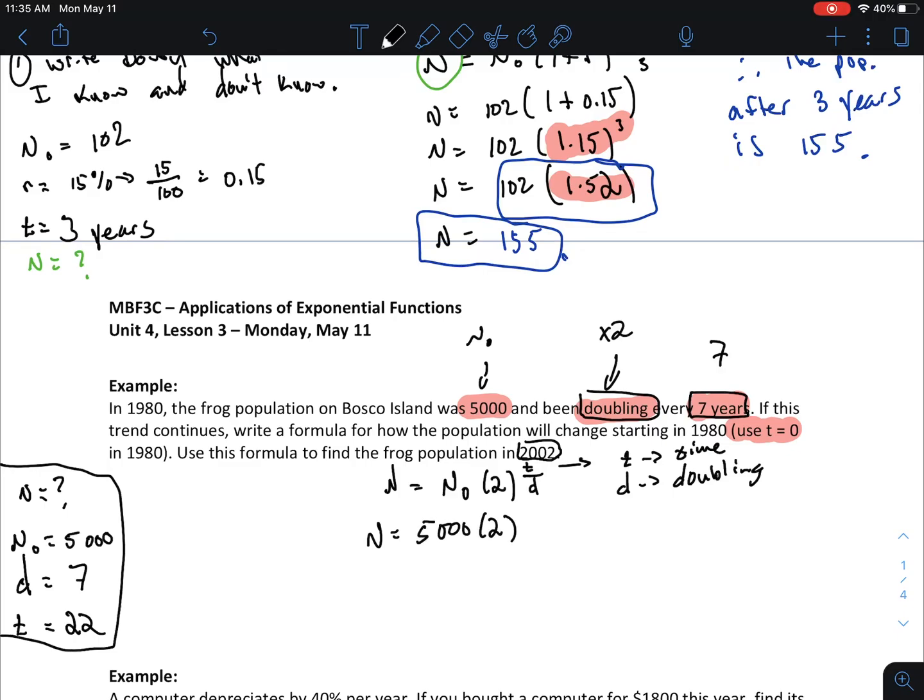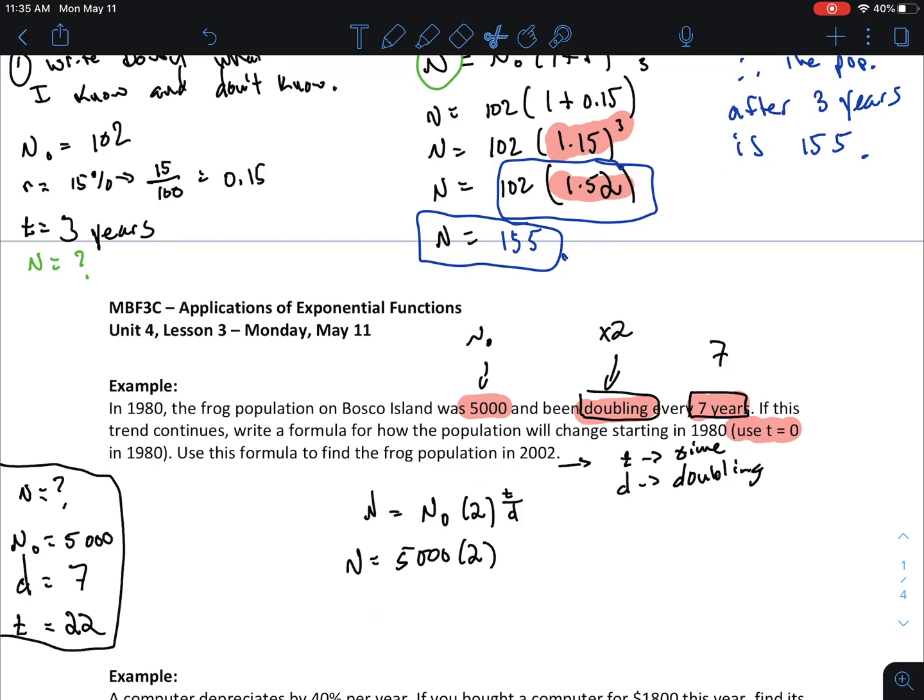So let's do that. N, I don't know. Then N naught is 5,000 multiplied by 2. And then t is going to be 22 divided by 7. Now, much like the last question, you're kind of in a predicament here. Sorry, I should write this a little bit neater so nobody gets confused.